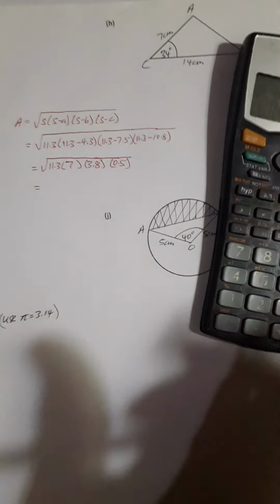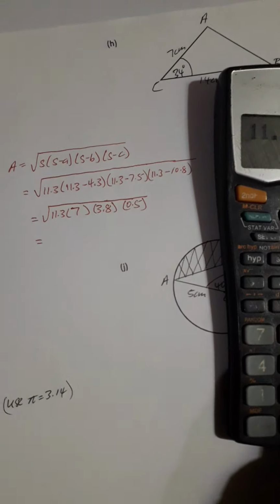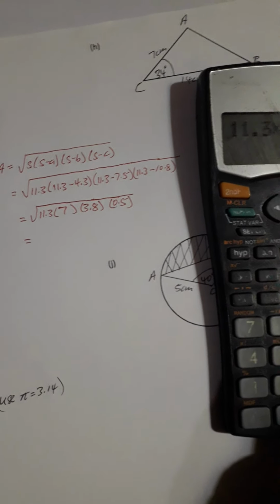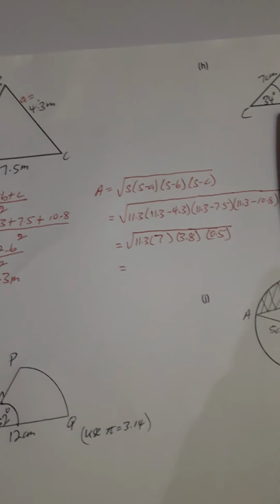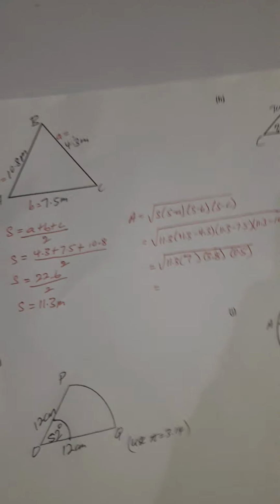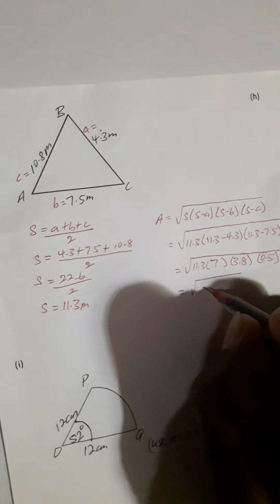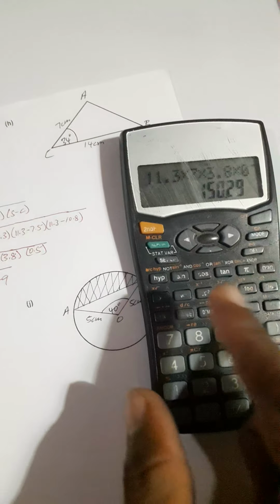When you're multiplying, if we have a lot of decimal places, we should be able to write all the decimal places. 11.3 times 7 times 3.8 times 0.5 gives us 150.29. Okay, what we'll do, we'll just leave our answer right on the calculator.